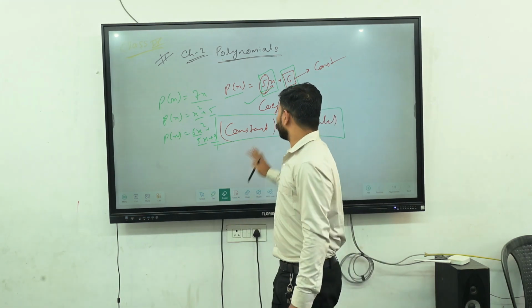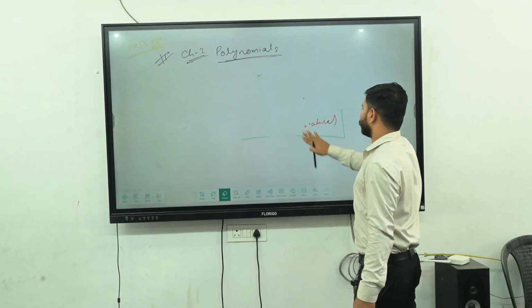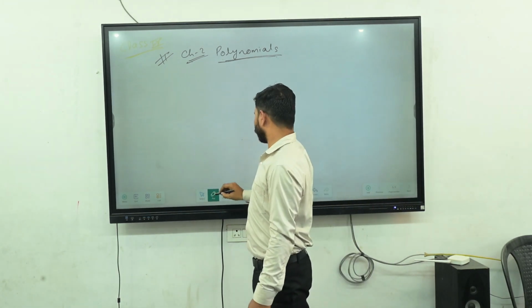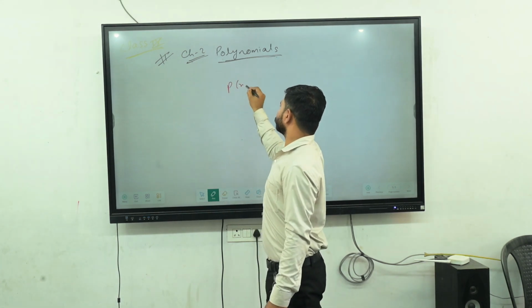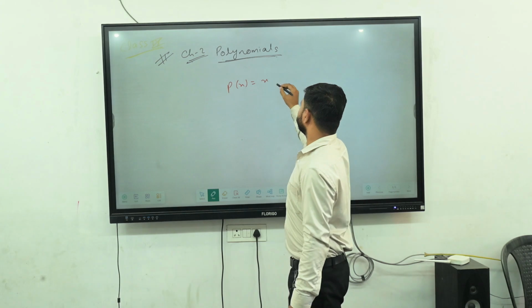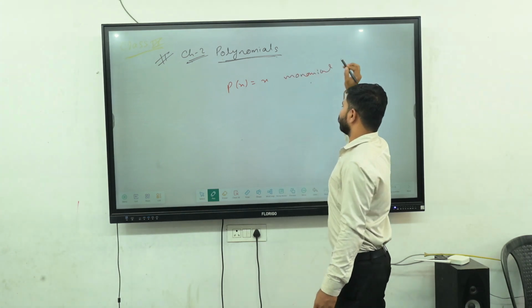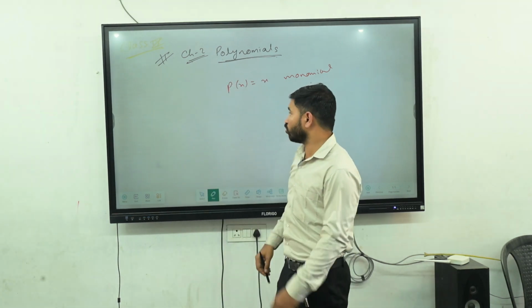The polynomial which has only one term, like p(x) = x, is called monomial. The polynomial having exactly one term is called monomial.